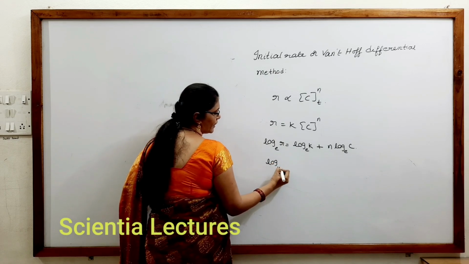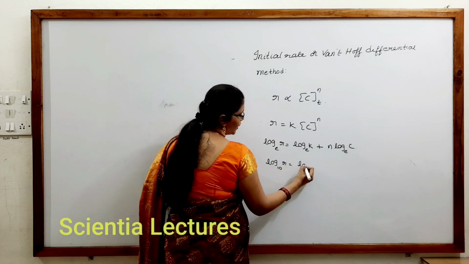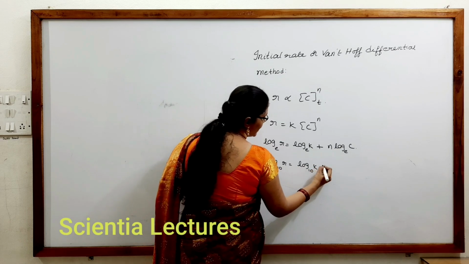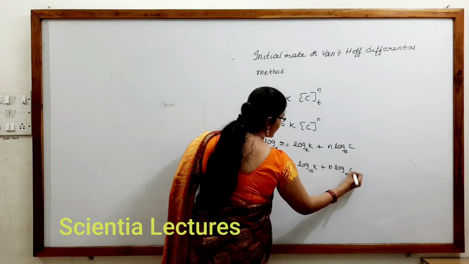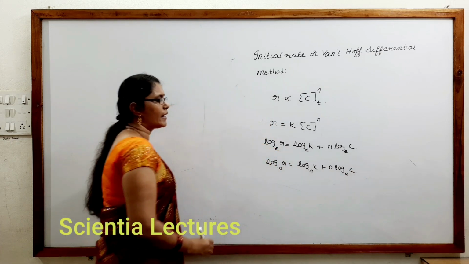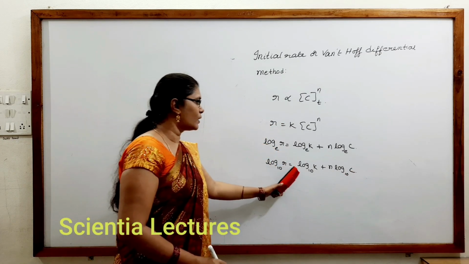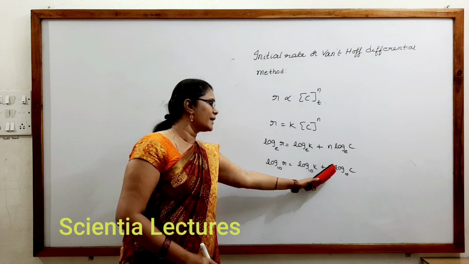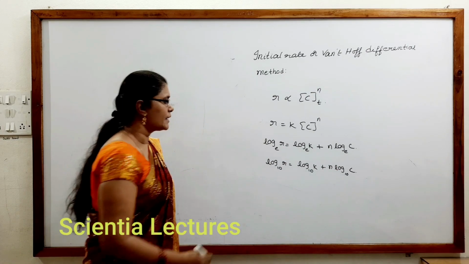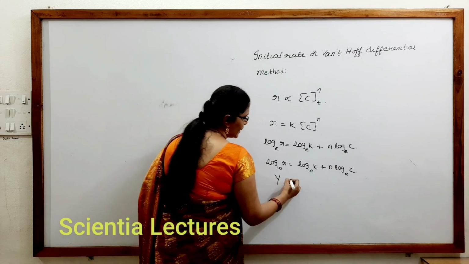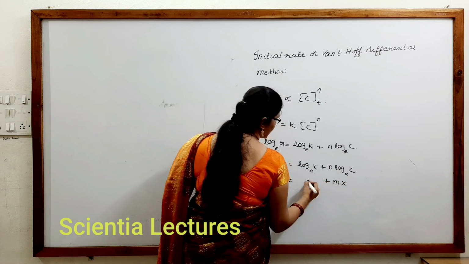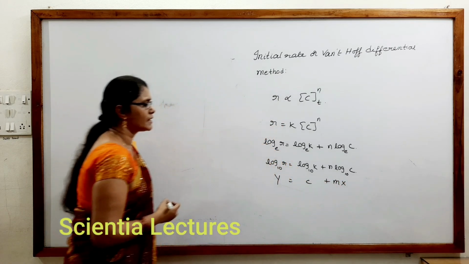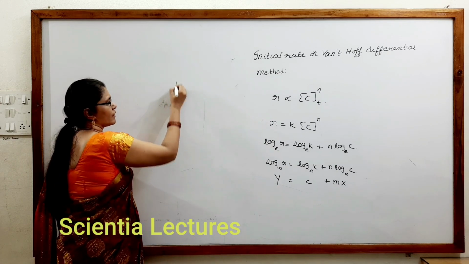You can write it as log base 10 R is equal to log base 10 K plus n log base 10 C. It is in the form of y equals mx plus c. You can observe that it is a straight line equation.